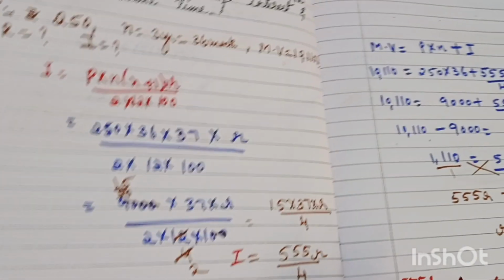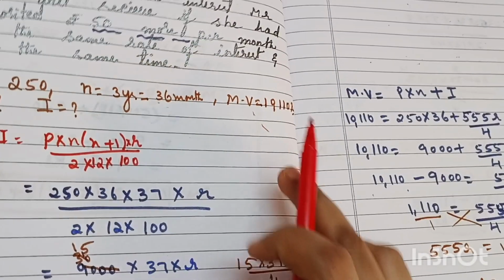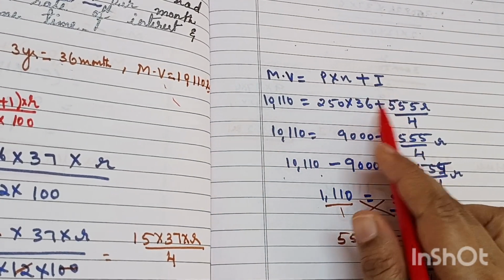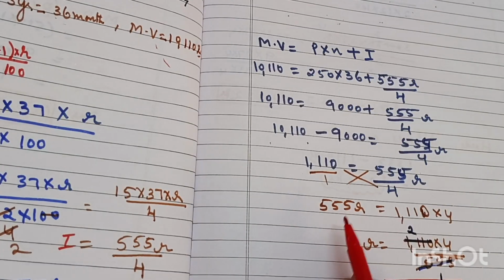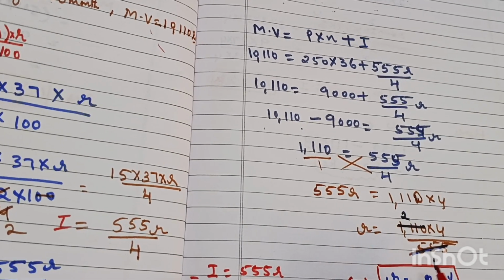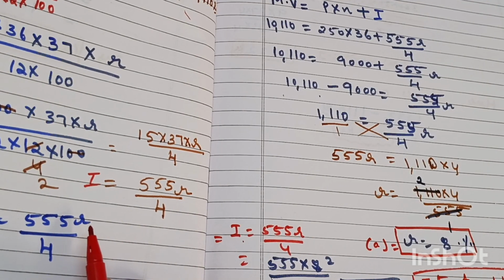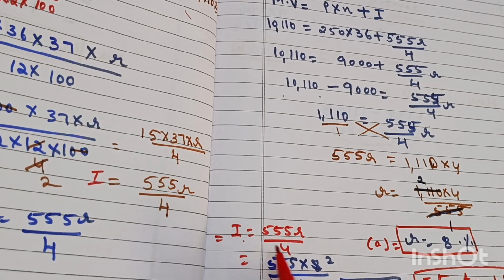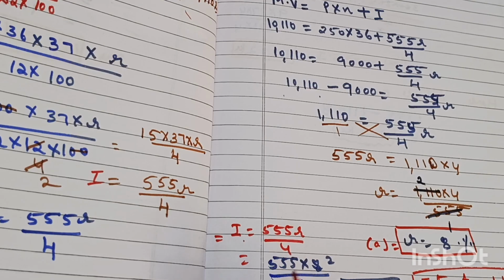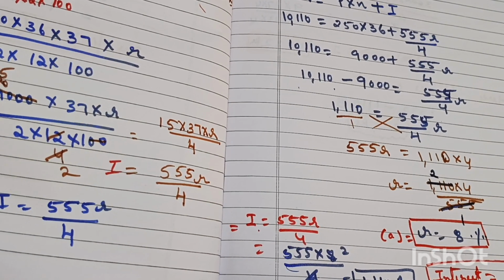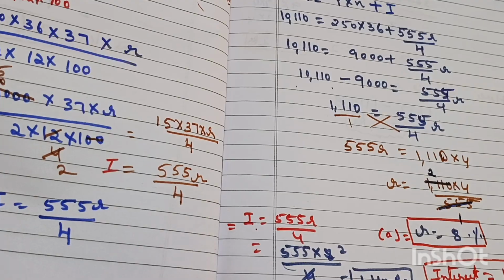After that, the rate of interest we can find with the help of maturity value, formula P into N plus I. Simplifying, R is equal to 8%. So 555 into 8 by 4, 1 into 4, 2 into 4 gives the interest as 1110.